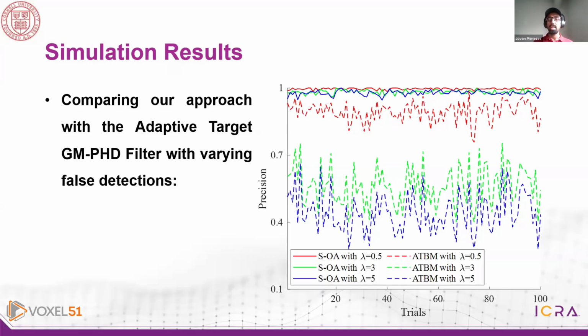And we see over here that even as the noise parameter lambda increases, our method still has higher precision. It doesn't start tracking false positive or noisy measurements. On the other hand, the performance of the adaptive target PhD filter decreases drastically as the noise in the sensor increases.